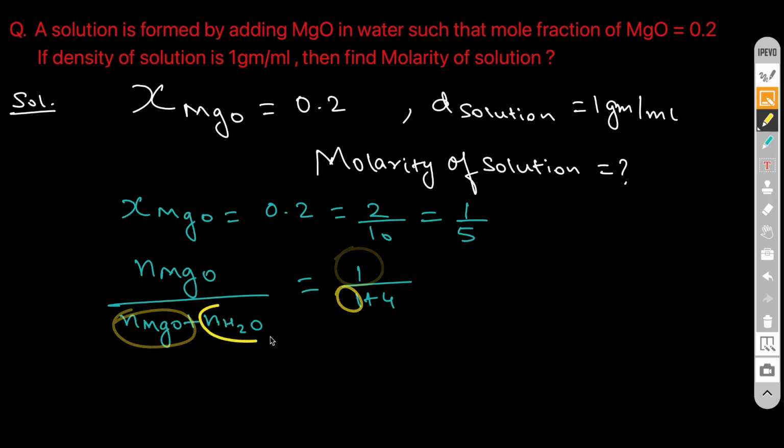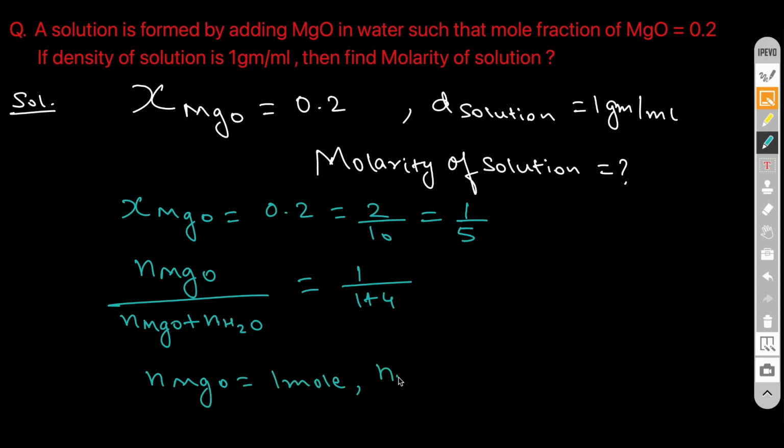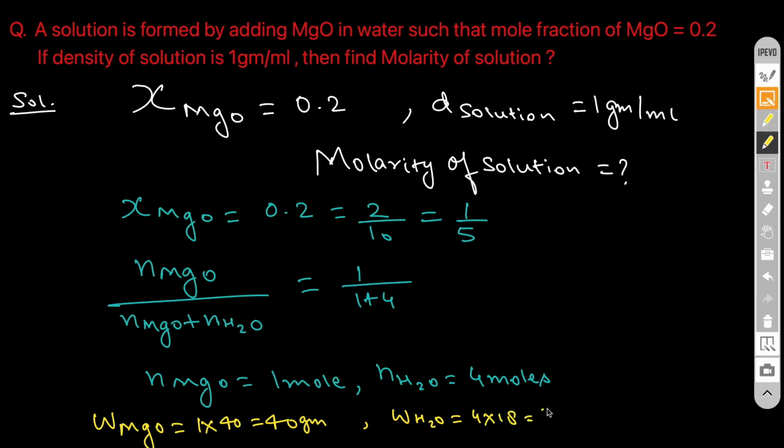If we simply compare LHS to RHS, we can observe moles of MgO is 1 mole and moles of water is 4 moles, right? Simply we'll determine the weight of MgO, which is the solute here. So 1 multiplied by molecular weight of MgO, 40 gram per mole, it will come out to be 40 grams. And for water, 4 multiplied by 18, which is 72 grams.